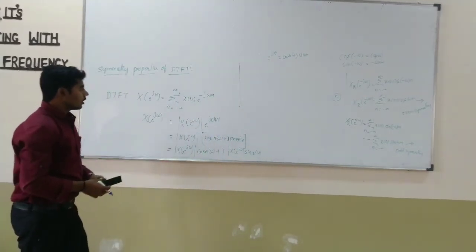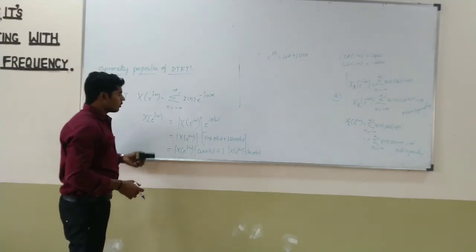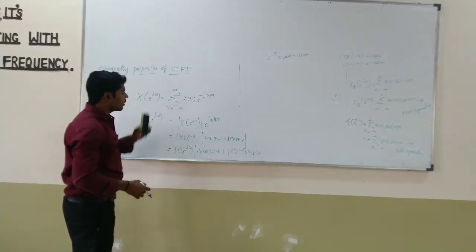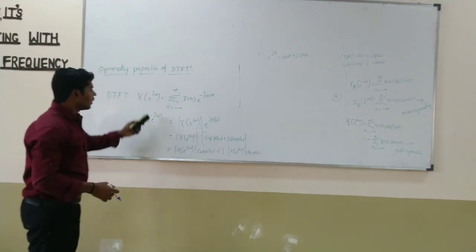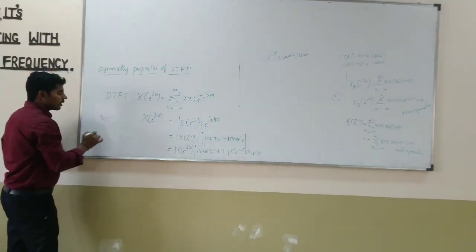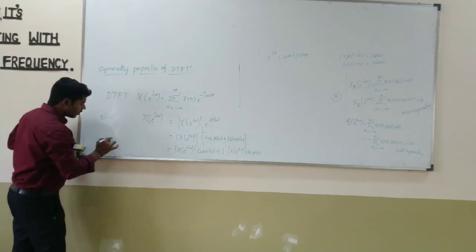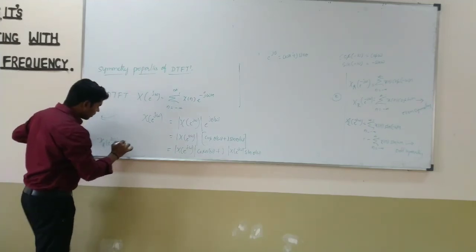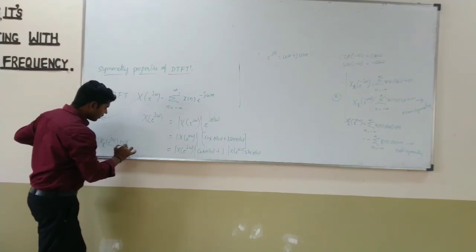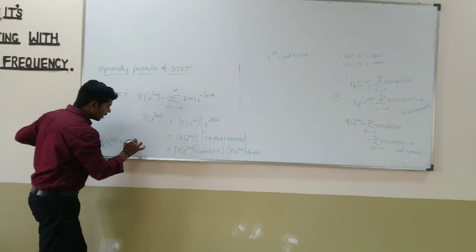In our previous discussion we considered that general X of e power j omega can be represented in rectangular format. So I can represent it as X R of e power j omega plus j into the imaginary part X I of e power j omega.